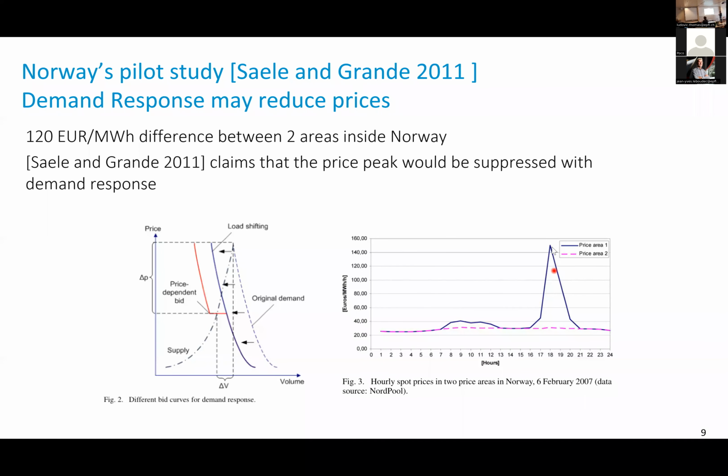And that happens before they implemented this demand response program. To understand the effect of reduction of load on prices, we look at what are called supply and demand curves that we will discuss in a few more minutes here.